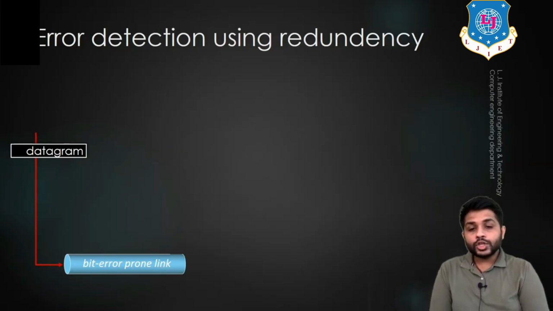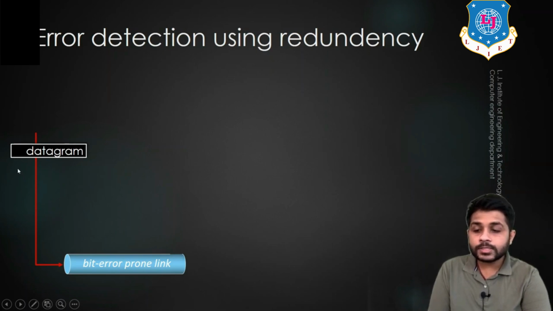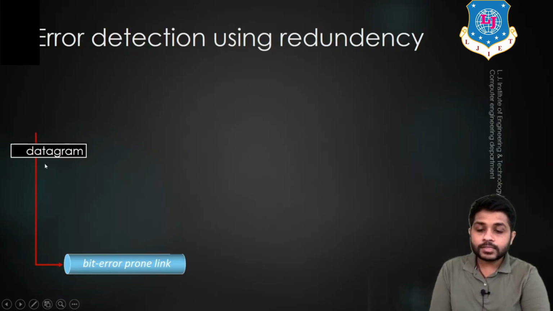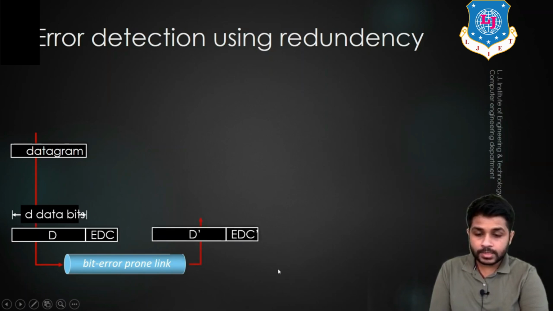Are you getting it? So in this example you can see that the sender wants to send this datagram. This is our original data that the sender wants to send. Now the sender will not send this data directly. Before sending it, the sender will add some extra data. You can see that the sender has added some extra data. Now this original data with the extra data will be received by the receiver.